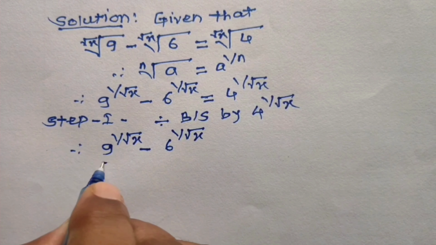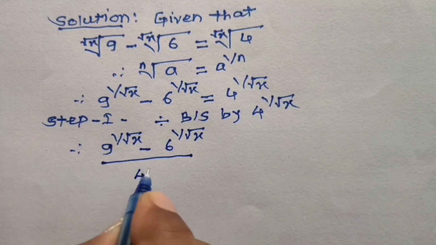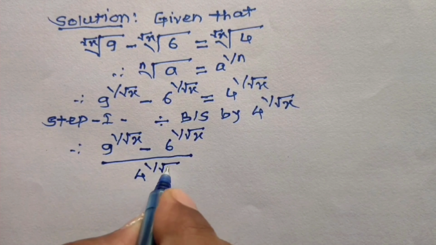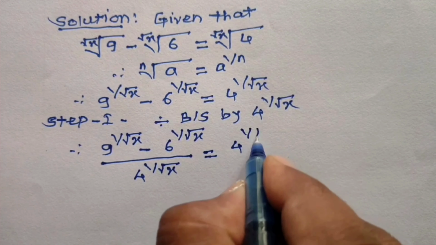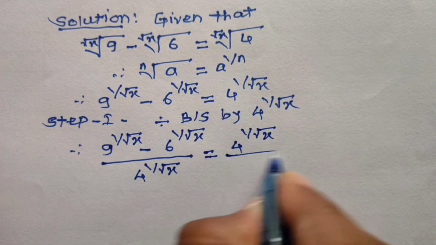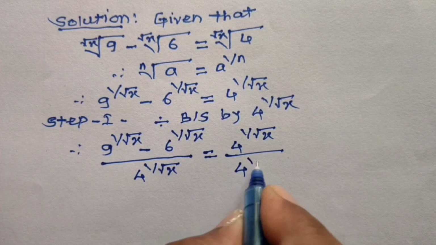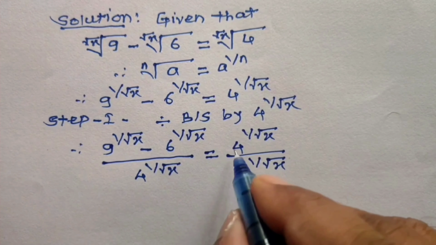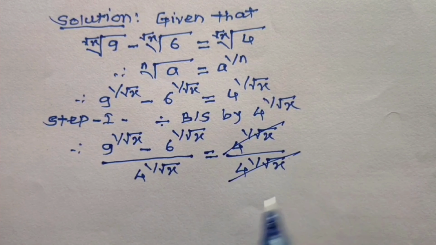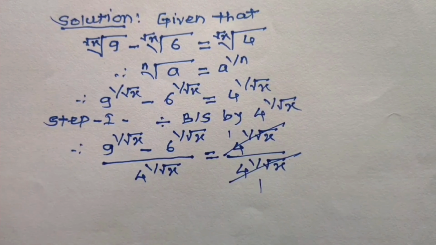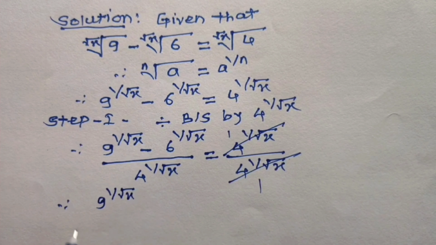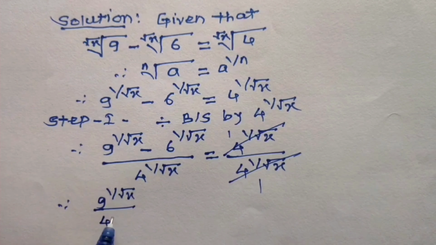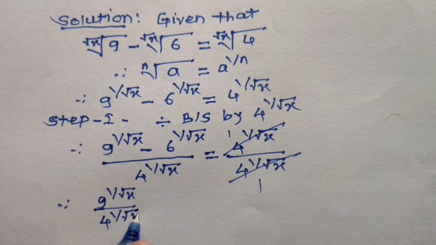Hence, first divide the left hand side by 4 to the power 1 over root x, and the right hand side also. Here on the right hand side 4 to the power 1 over root x gets cancelled with 4 to the power 1 over root x. Hence on the right hand side, after simplification, we get 1.